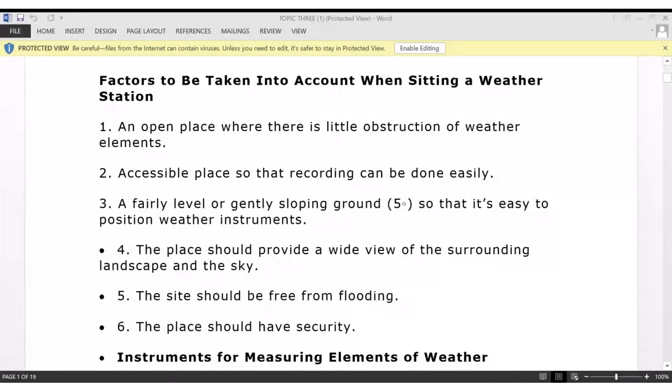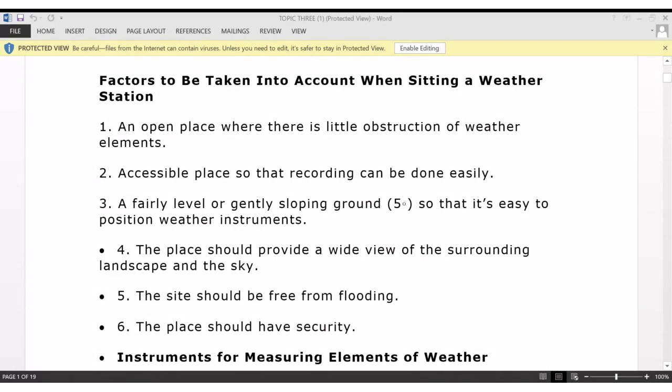And then a fair level or gently sloping ground of 5 degrees so that it is easy to position weather instruments. Another point is that the place should provide a wide view of the surrounding landscape and sky, and the site should be free from flooding.